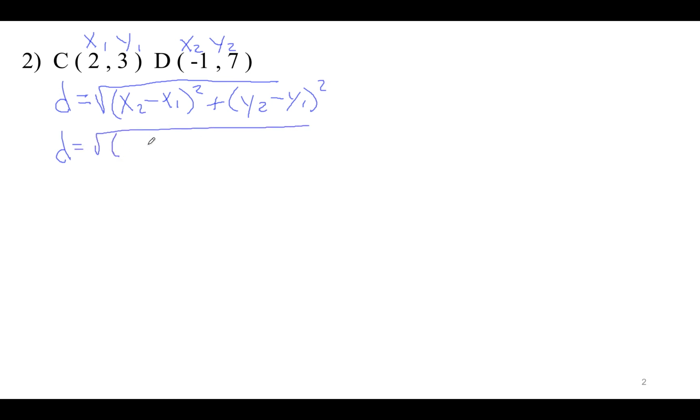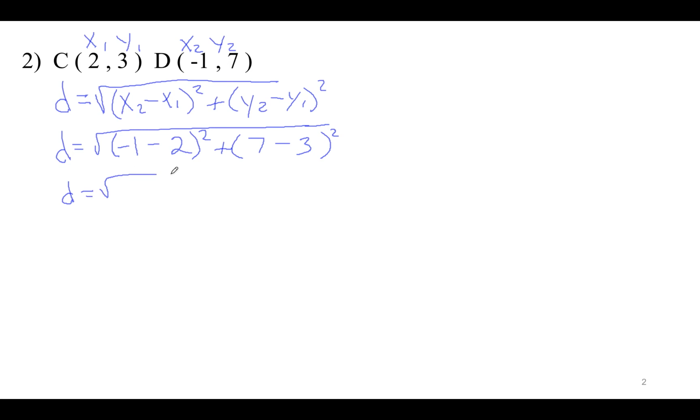I'm going to write the parentheses out, everything but the variables. If you notice, I have a negative right up here. So my x2 is going to be negative 1. Now I'm just putting the numbers in that are up here. Minus 2. And then I'm going to go 7 minus 3.